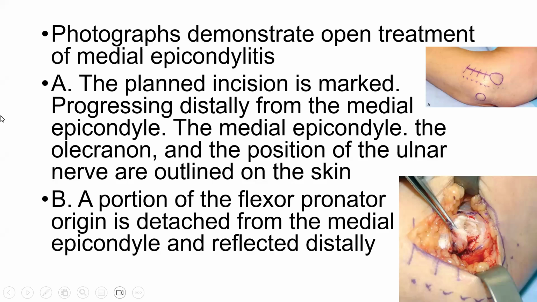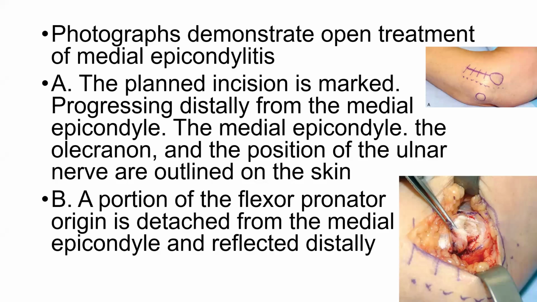The planned incision is marked in the slide in A. It progresses distally from the medial epicondyle. The medial epicondyle, the olecranon, and the position of the ulnar nerve are outlined on the skin.